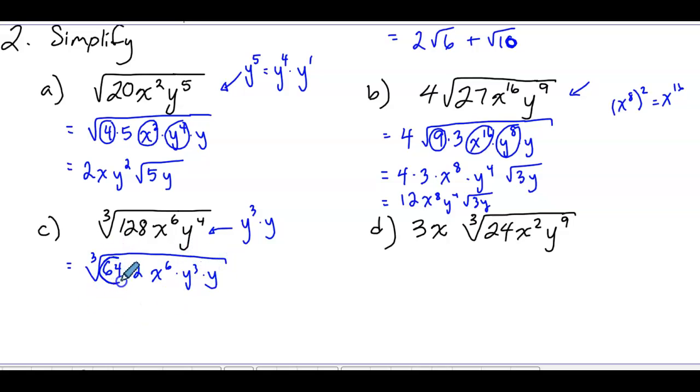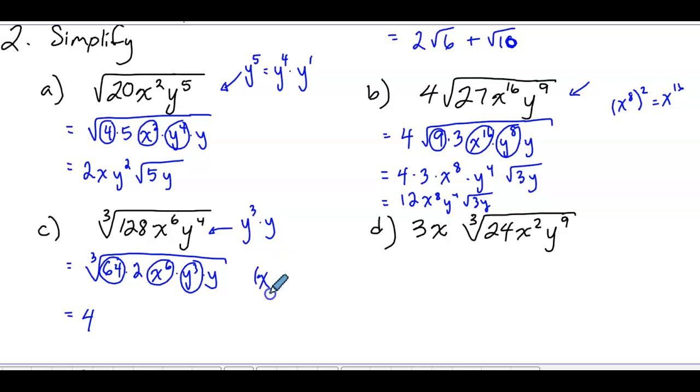Now, this is a perfect cube. This is a perfect cube. This is a perfect cube. So the perfect cubes go out on the weekend. It's going to be 4. Cubed root of x to the 6. Well, remember that is basically how many x cubes are in there. Sorry, how many squares.